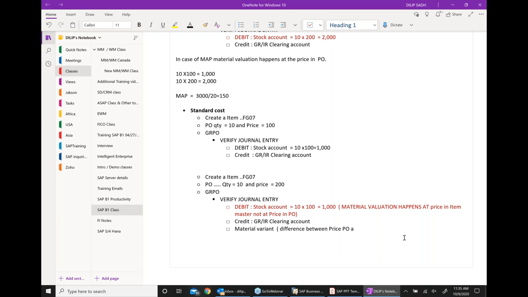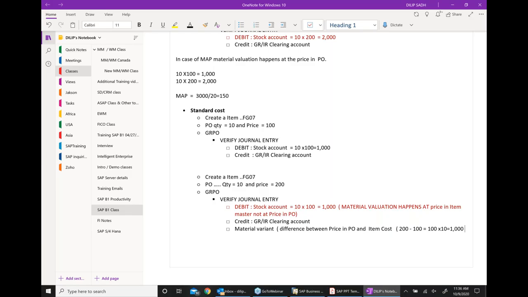It's the difference between price in PO and item cost. So this is 200 minus 100 and then 10 pieces. So this become 1000.